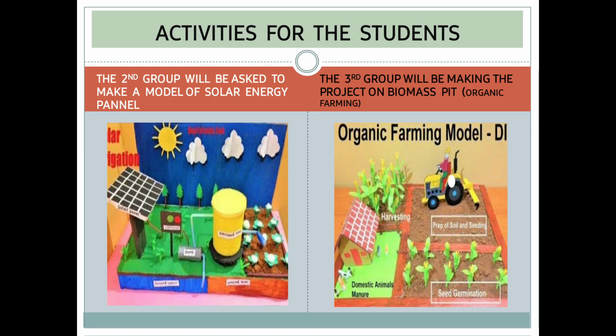The third group will be making the project on biomass pit, organic farming. This is again one of the most important things of today, because if we need to change the environment of today, we need to go for global organic farming.